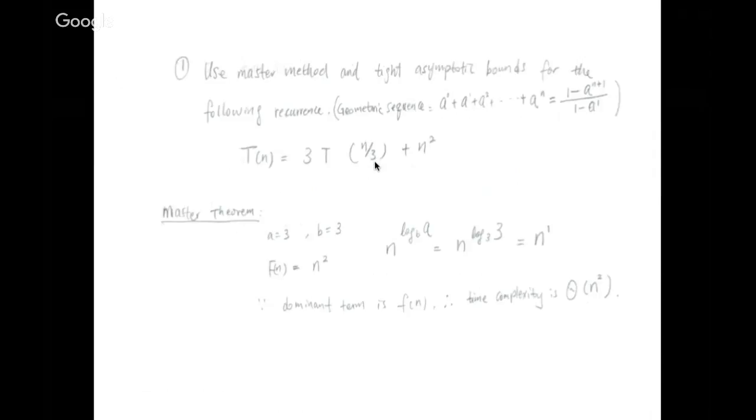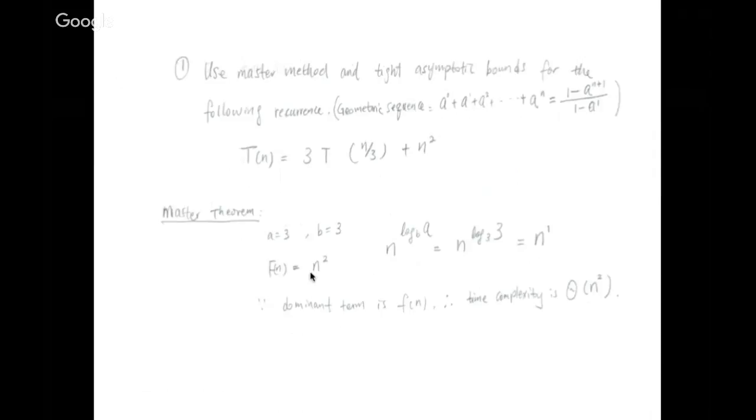also 3. And we know f(n) equals n squared. While for this term, n to the log base b of a equals n to the power of log base 3 of 3, that equals n to the power of 1, so that's n.